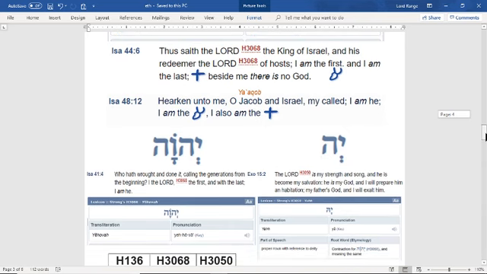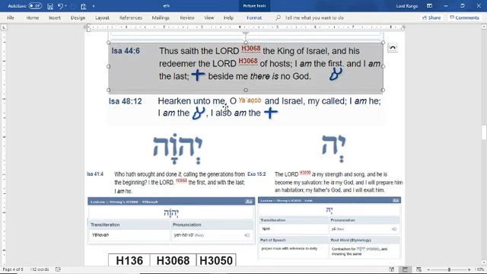So now we're here at Isaiah 48 and 2. And it says, "Hearken unto me, O Jacob." Again, that J does not belong in the Bible at all. If you look up Jacob in the concordance, you'll see that the correct transliteration is Jacob, not Jacob.